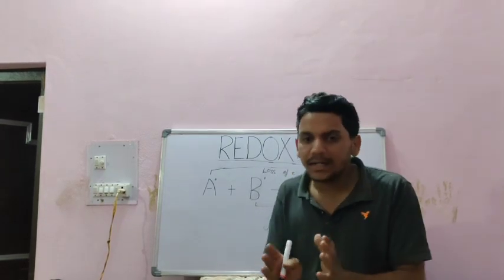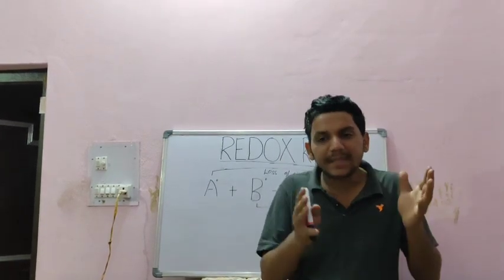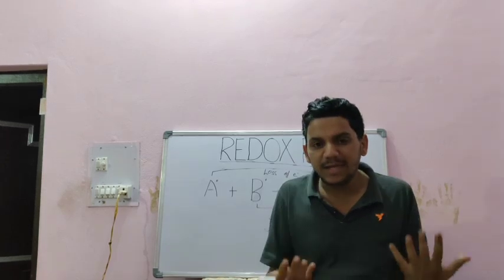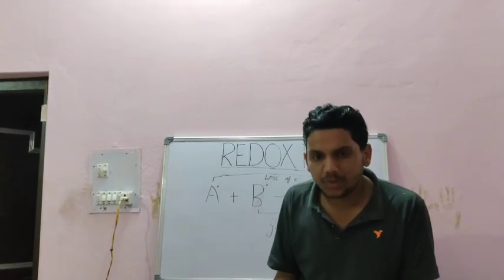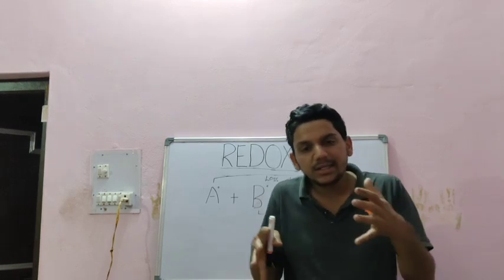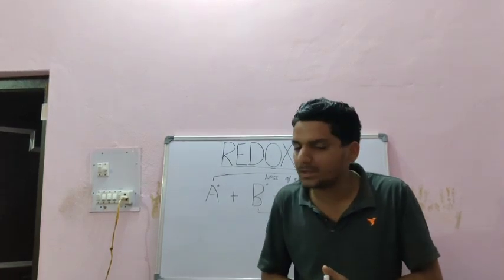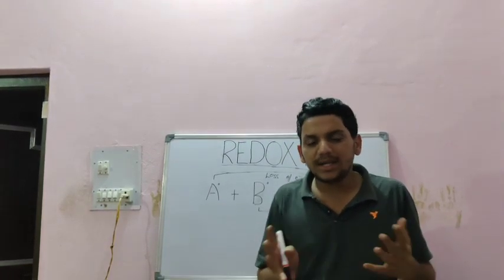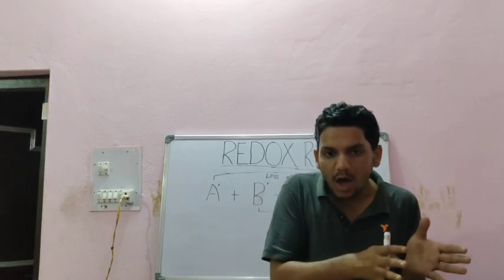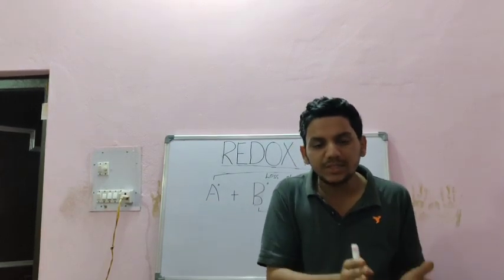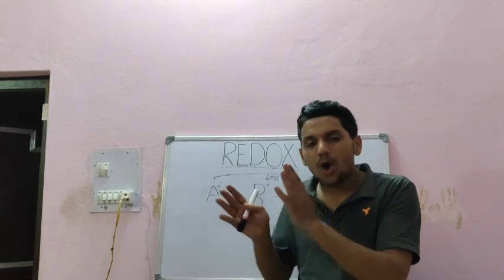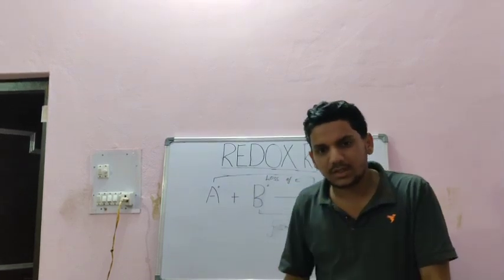On the other hand, reducing agents are elements or compounds which donate an electron, and hence work as electron suppliers in a chemical reaction. This means oxidizing agents undergo reduction and reducing agents undergo oxidation.